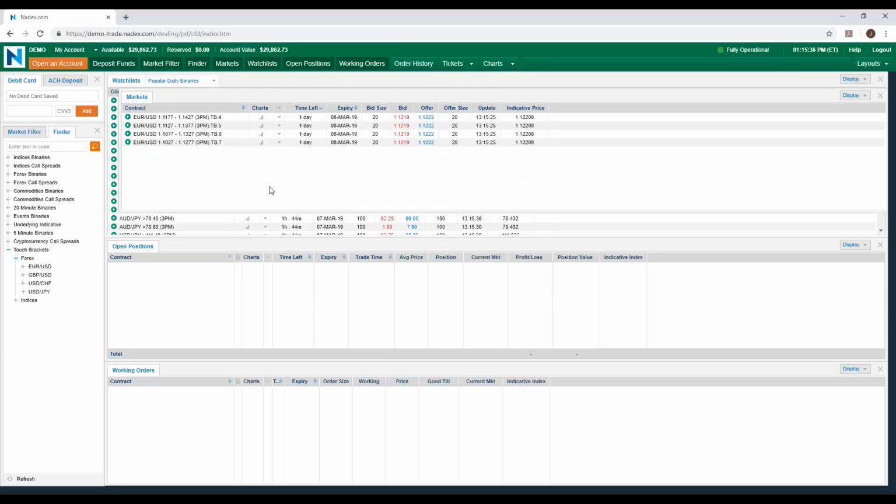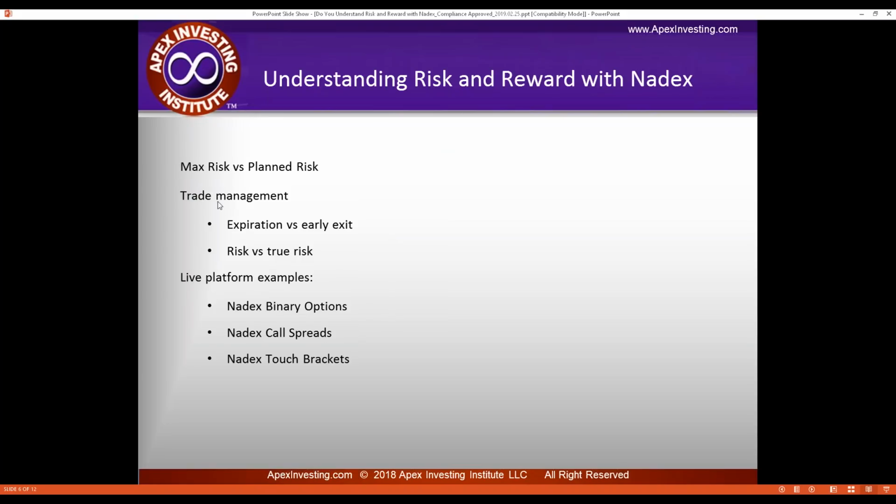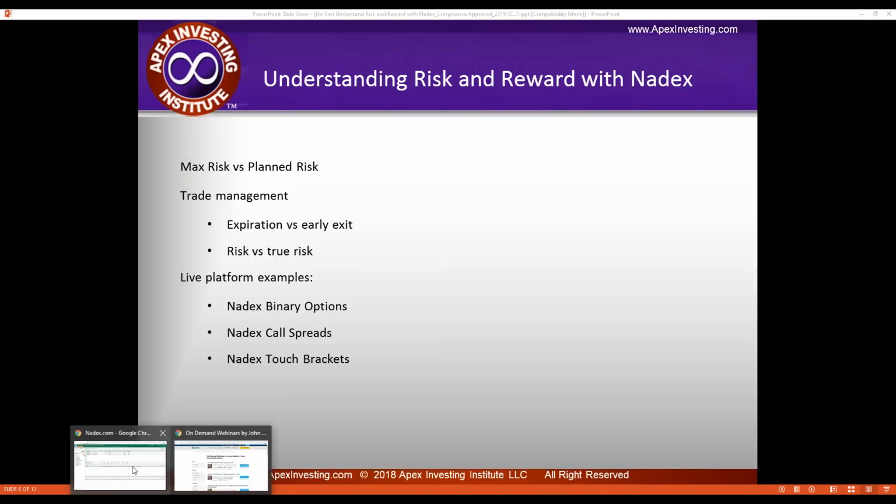But the real point I'm trying to make is the difference of max risk versus planned risk, or risk versus true risk. The numbers that you see are at expiration versus an early exit, or their worst case.